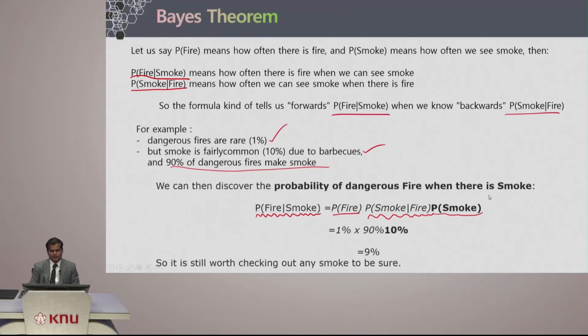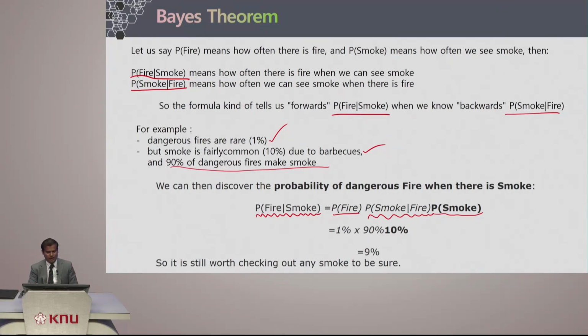We can see here the probability of fire is a very rare event, which is 1%, and probability of smoke given there is a fire: whenever there is a fire, there is a 90% chance that you have smoke.